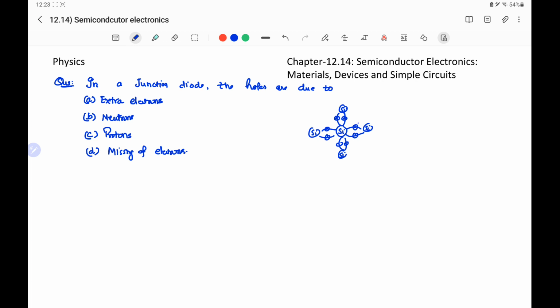So if one of the electrons gets released from the bond, then a vacancy is created, and this vacancy is called the hole, and it has a positive charge in nature. Therefore we can say that holes are due to the missing of electrons. Option D is the correct option.